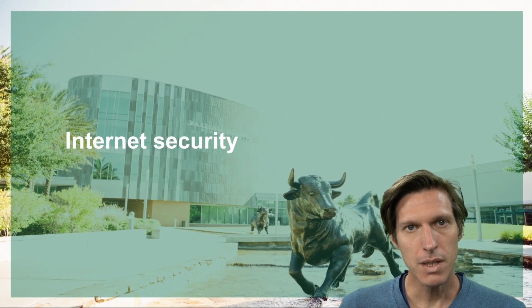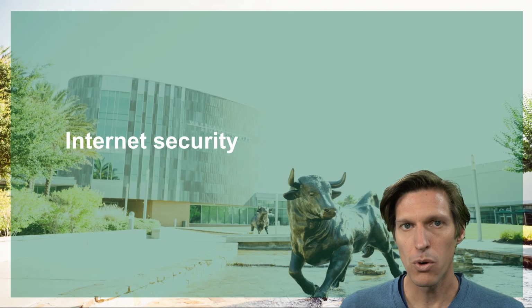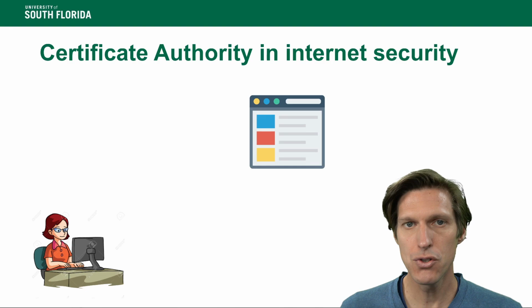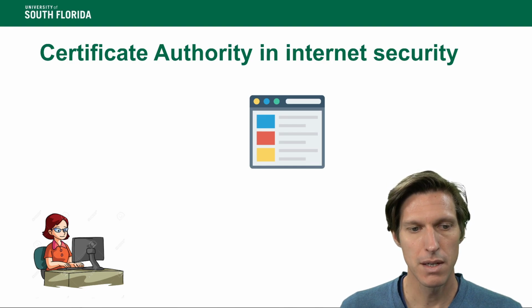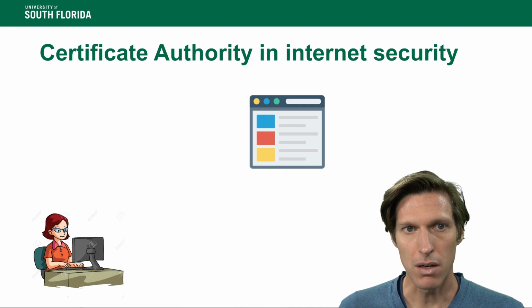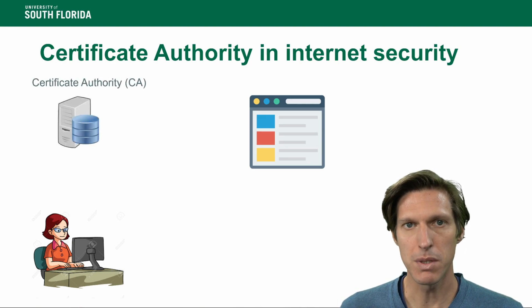Now, how does that work out as part of internet security? So certificate authorities play a crucial role in secure internet connections. So assume that Alice connects to a website. She's going to want to know that the website that she's connecting to really is who they say they are. And how do we know that? It's because they provide a certificate.